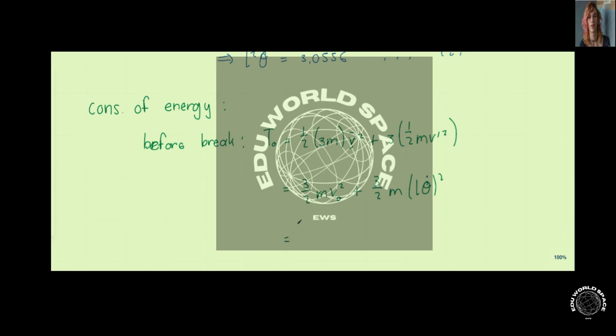Substituting values, we get 3 over 2 times m times 2 squared plus 3 over 2 m L squared theta dot squared. That's our kinetic energy before the strings break.